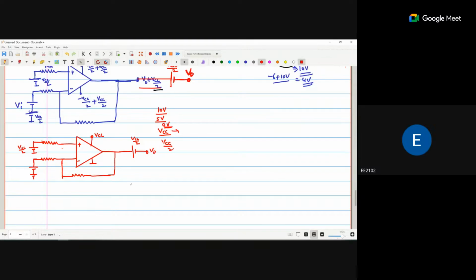To generate this VCC by 2, we require a voltage divider, Rx and Rx. Now this VCC is constant. You can connect it with the same VCC. Here we are getting VCC by 2.